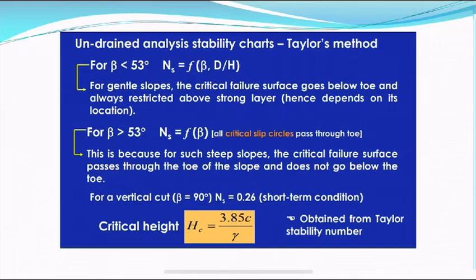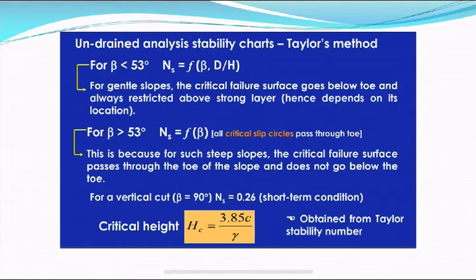For beta greater than 53 degrees, when the sloping inclination is greater than 53 degrees, the stability number is only a function of the sloping inclination, beta. The critical failure surfaces pass through the toe. So this is basically for such steep slopes, where the critical failure surface does not go below the toe.